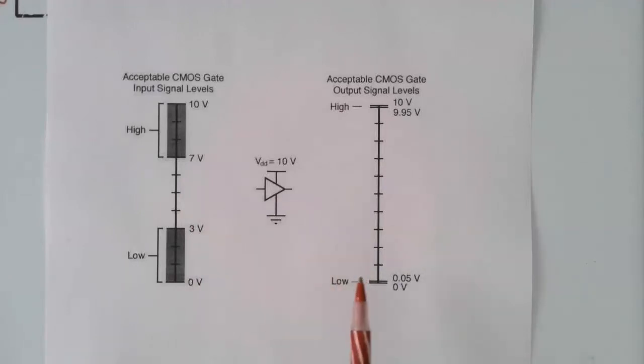And the output levels, again, are almost 0 volts and almost the supply voltage, 10 volts. So that basically changes the noise immunity, how susceptible a device is to noise. I'm going to leave it at that for now because we could talk about that for a couple hours probably. If you're interested in more information on that, you could take a look at those chapters I listed.